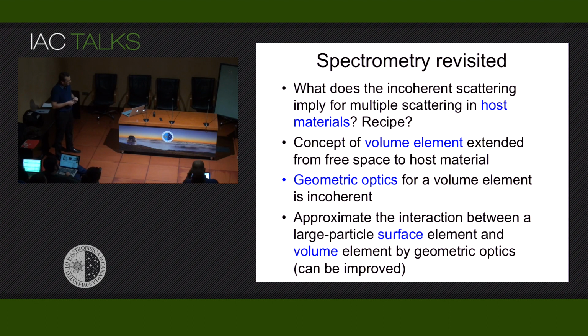But this is something we can do with the geometric optics approximation in the first place. So we don't need to worry immediately whether there are any major effects between this kind of volume element and a boundary somewhere that is basically the free space host material boundary. So this is possible to do. And there are even codes that can now be utilized for that purpose.